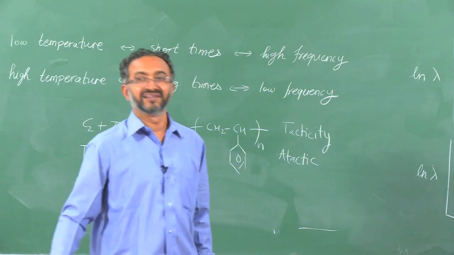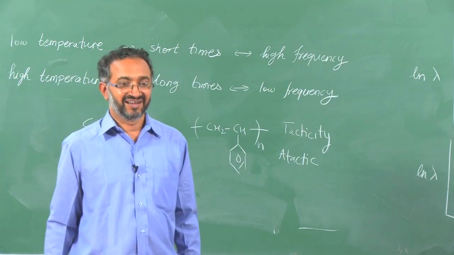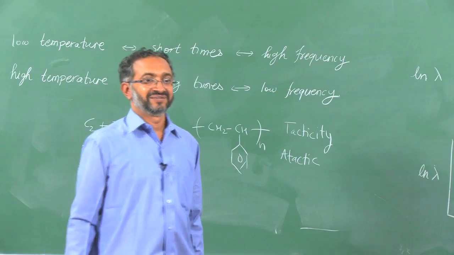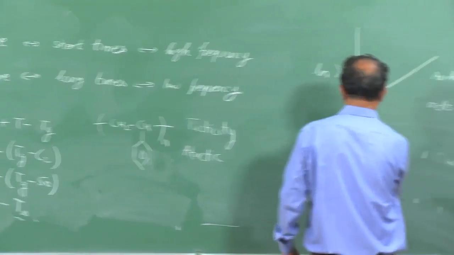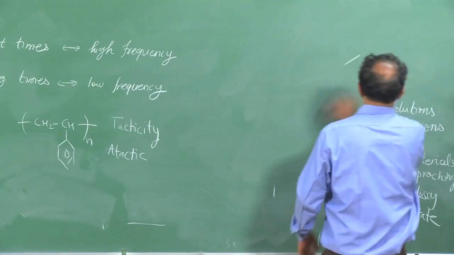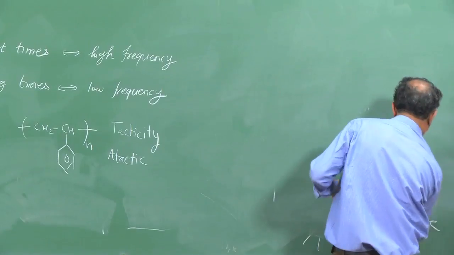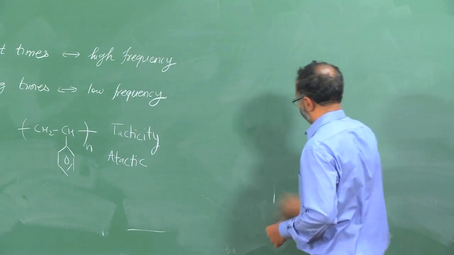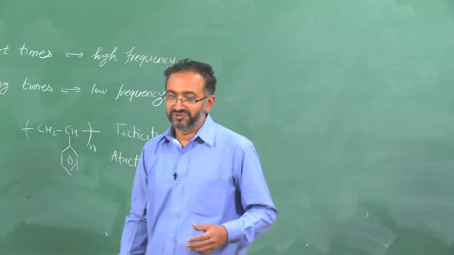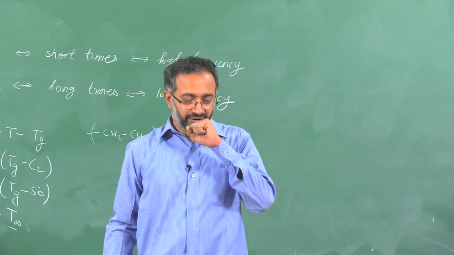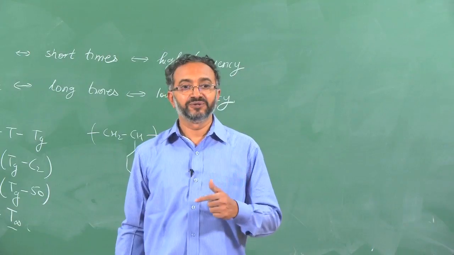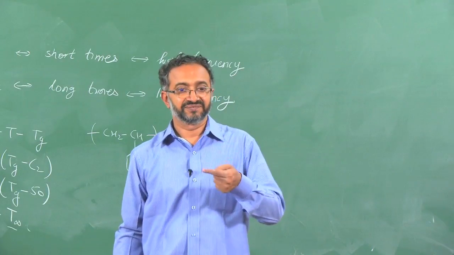Suppose it is superimposing for some part and not others, so how will you decide? Yeah, by the way, time temperature superposition can be taken as a procedure, and once you want to exploit its utility, you can also say that even for a crystalline sample I will use it, but I will use a vertical shift.